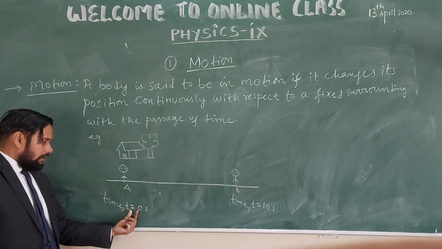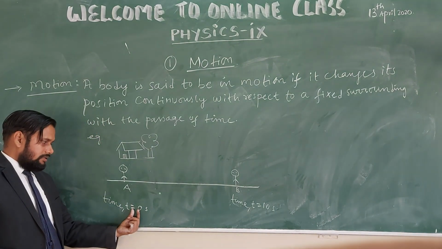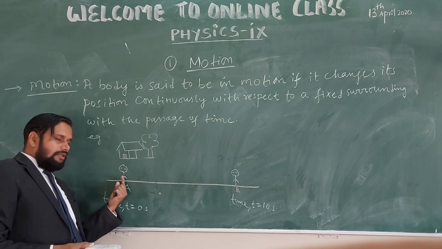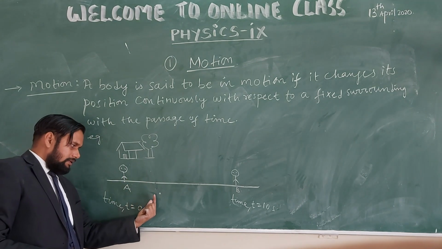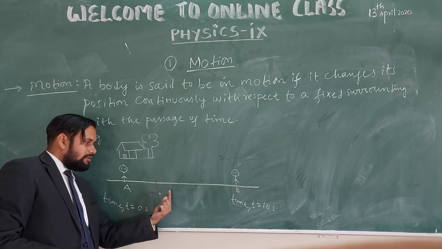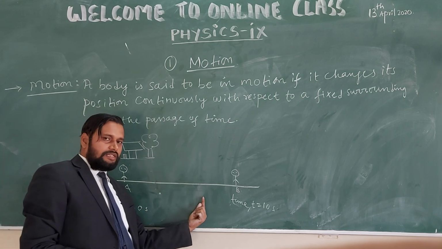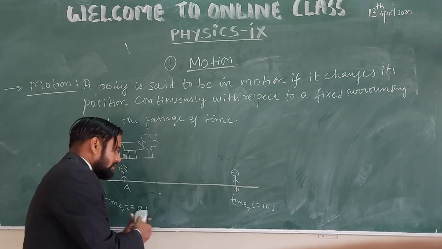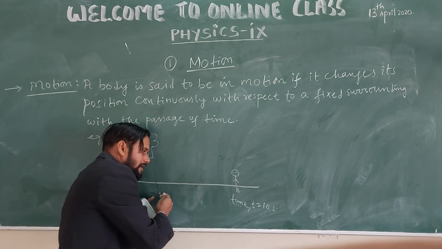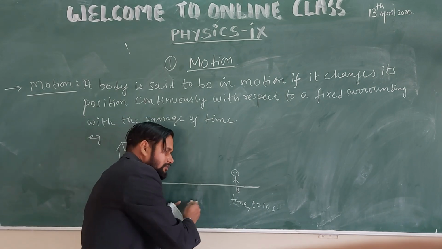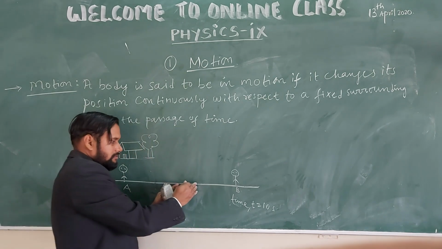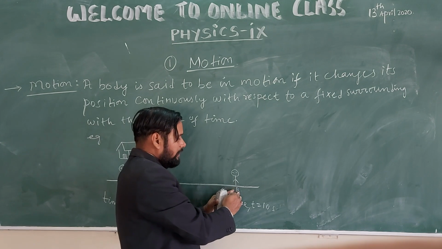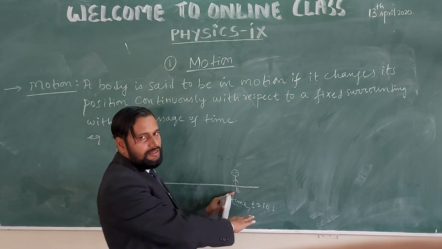So see, here t equals to 0 second. Now when the boy changes his position, then time is also increasing. 1 second, 2 second, 3 second, 4 second, 5 second, 6 second. That means time is also passing, and the boy is also changing his position. Now he reached at point B at time t equals to 10 seconds.